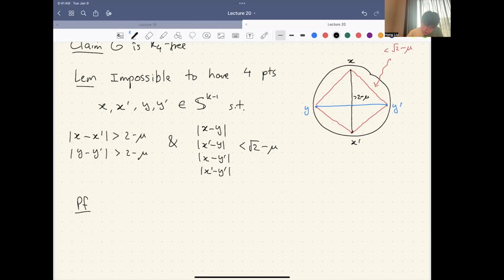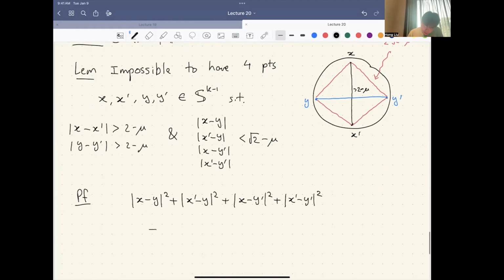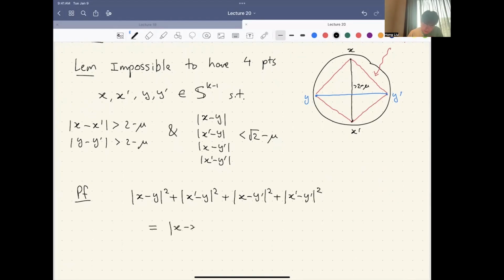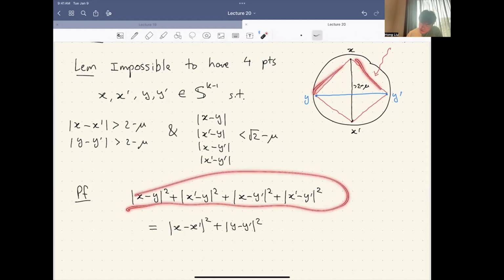First look at all 4 sides: x minus y squared plus x prime minus y squared plus x minus y prime squared plus x prime minus y prime squared. If this is a parallelogram, this equals x minus x prime squared plus y minus y prime squared, right? Here are the 4 sides.